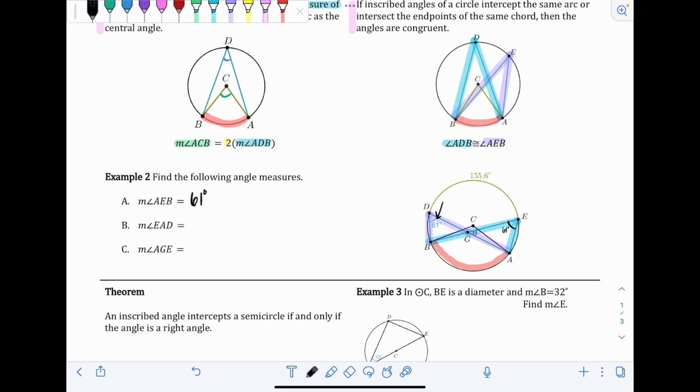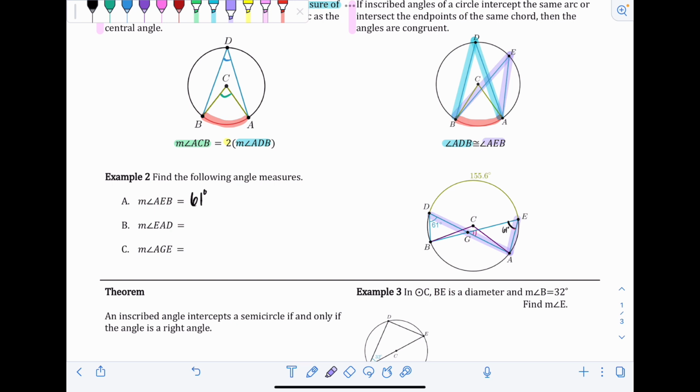And then moving on to angle EAD, I'm going to erase some of this. Angle EAD is from here to A to D, and we can see that it opens up to an arc that we can see.